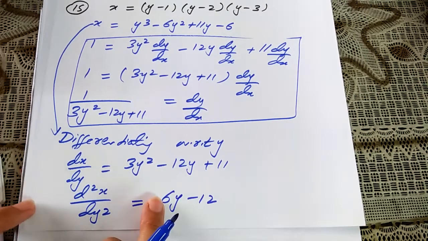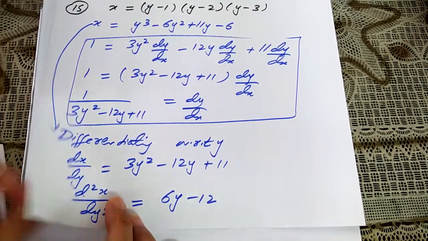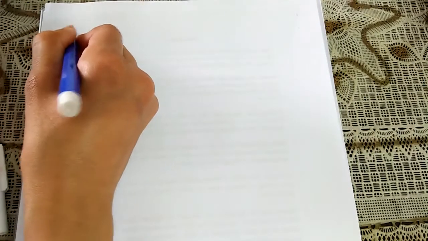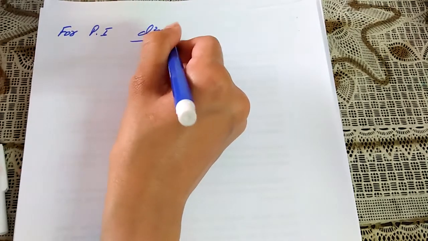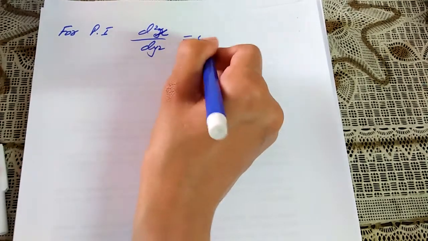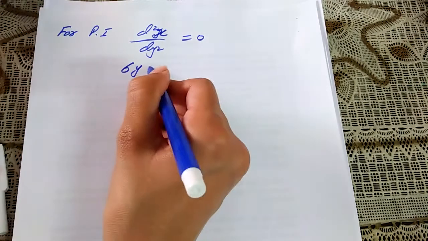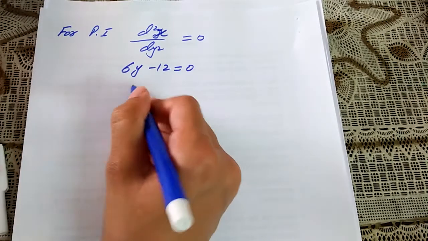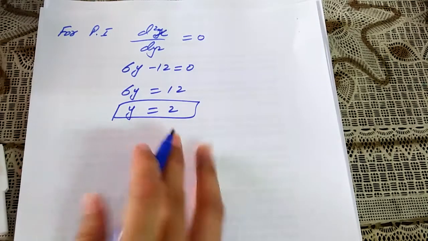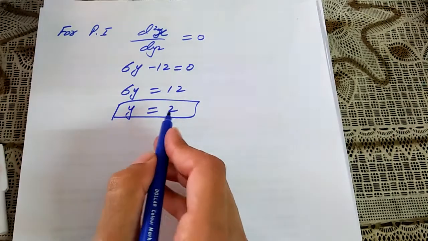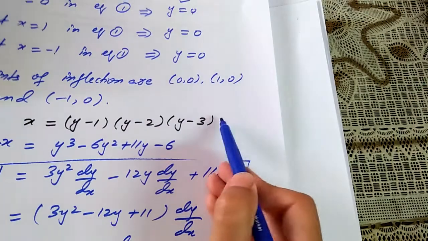Now for point of inflection, make this term equal to 0. For point of inflection, d2x over dy square will be equal to 0. It means 6y minus 12 equals 0. So 6y is 12, so y equals 2. So we got 1 point. Put this point in equation number 1, the main question.